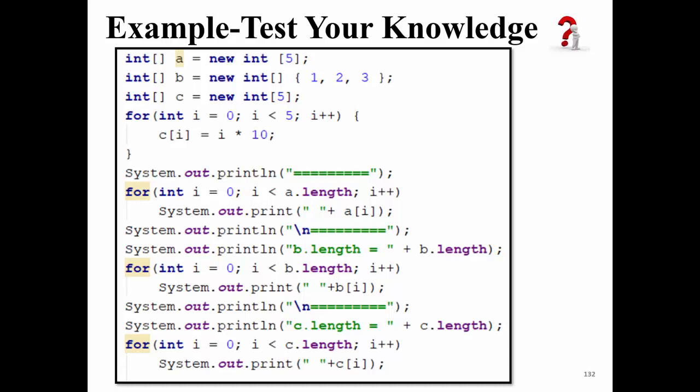Now, this tests our knowledge that we have arrays defined, and some of them are initialized, some of them are not initialized, and we would like to print the length. What's the content of A?